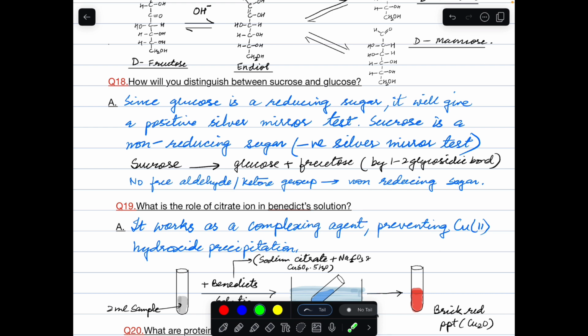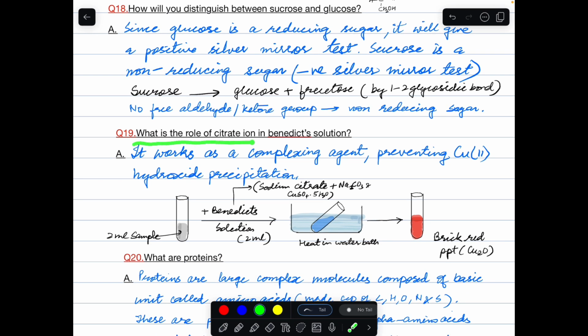Next question, what is the role of citrate ion in Benedict solution? In Benedict solution, we have done this again for reducing sugar. And what is Benedict solution? Benedict solution is basically a mixture of sodium citrate, sodium carbonate, and copper sulfate.